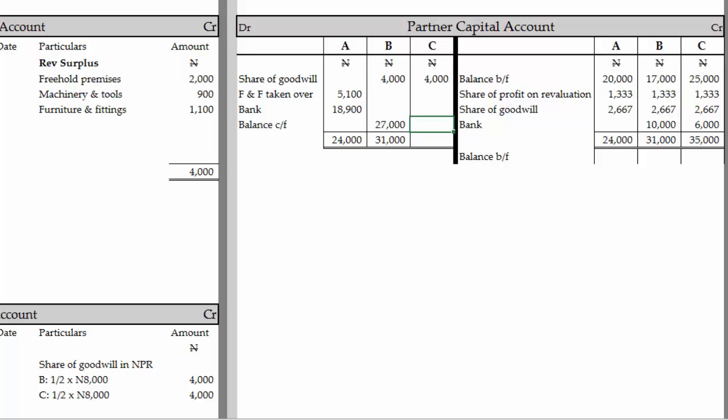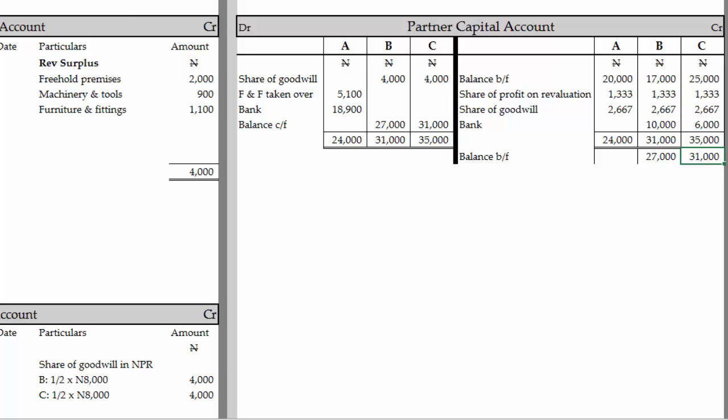So the credit is higher than the debit by 31,000, which is also the balance carried forward. So at the beginning of the next period, we will have balance brought forward. B will be 27,000 and C will be 31,000.